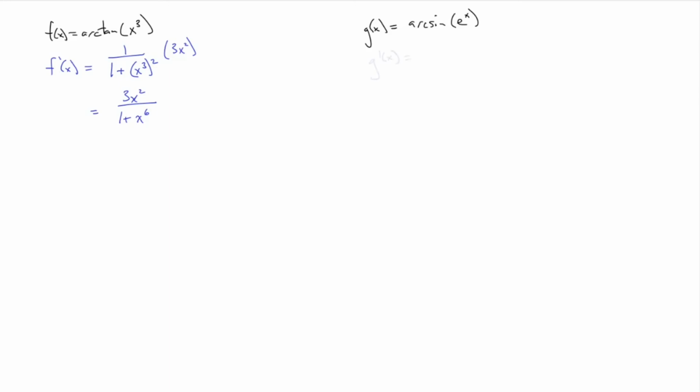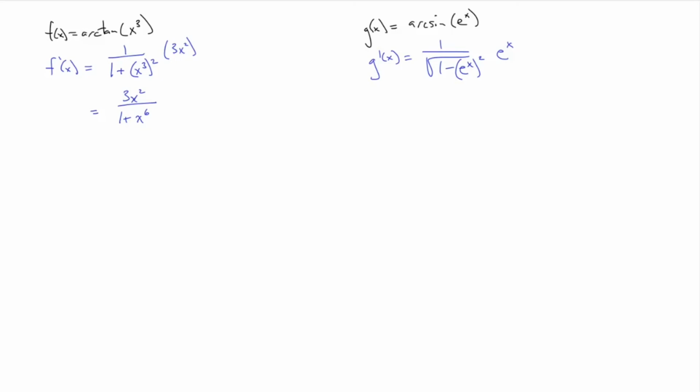Turning to the function g, it's the same idea. We treat the e to the x as if it were a variable. And if it were the variable, then the derivative would be 1 over the square root of 1 minus that variable squared. And then we have to multiply by the derivative of the function that we just treated like a variable. And the derivative of e to the x is, of course, e to the x.